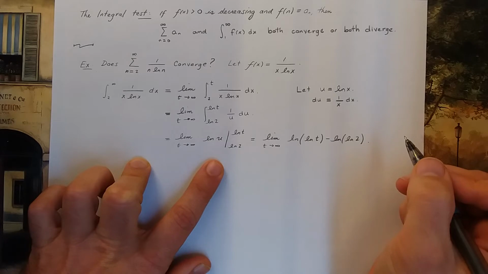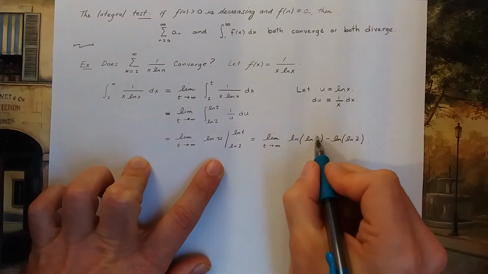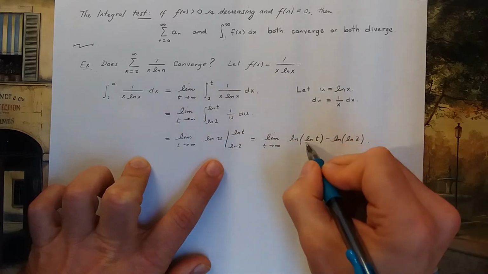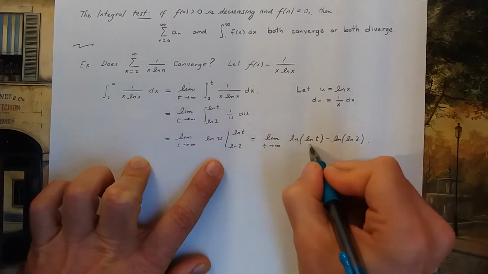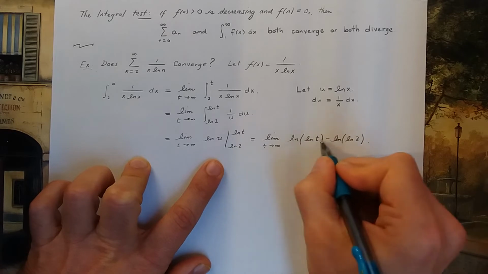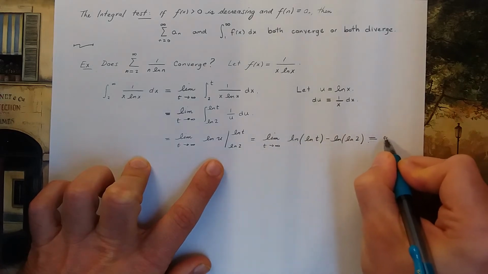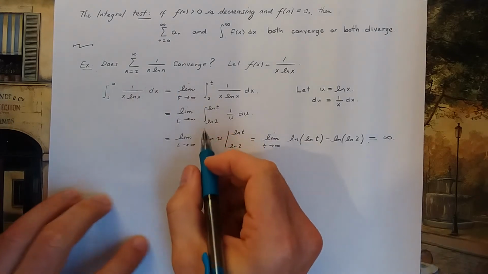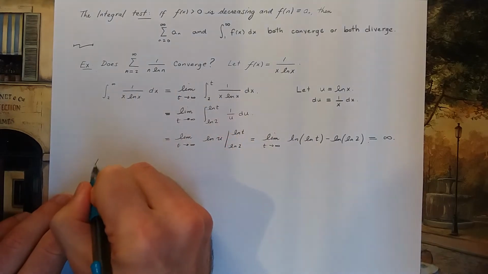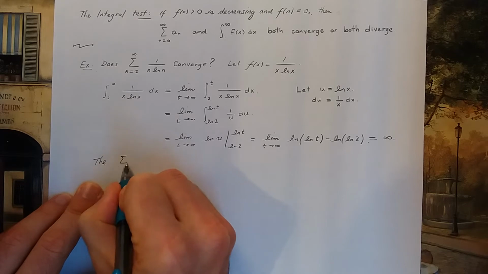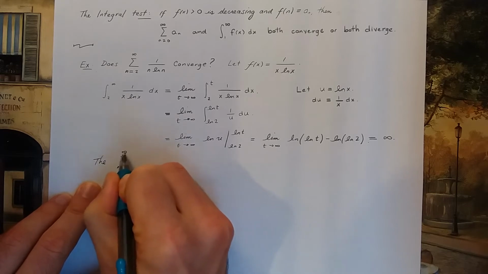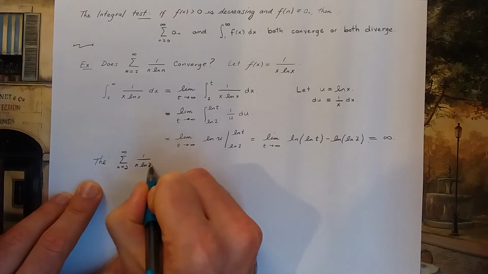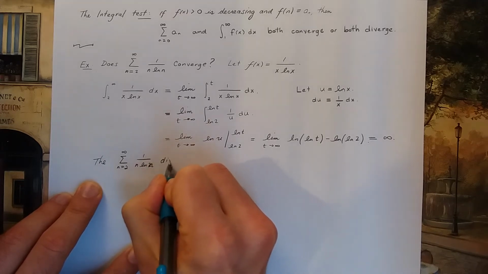Now, this thing has limit infinity. Log of t has limit infinity as t gets larger. So log of log t also has that same property. This is infinity. So they both diverge. So the series n going from 2 on of 1 over n log n diverges.